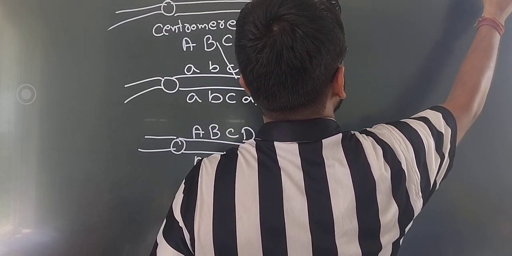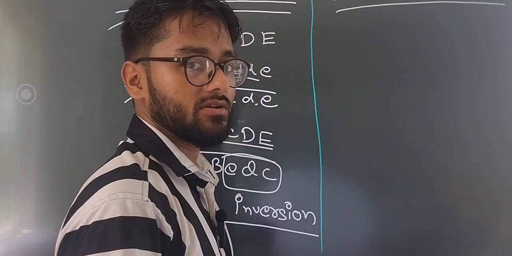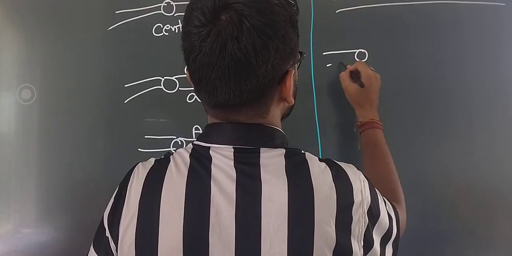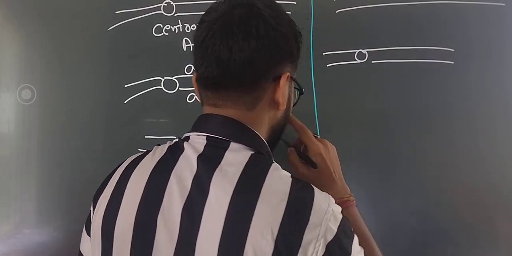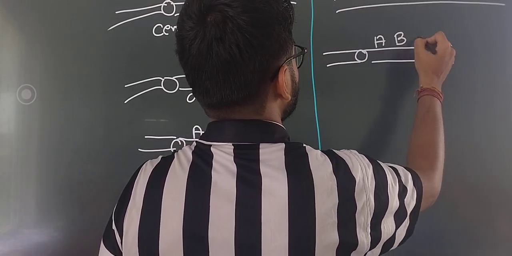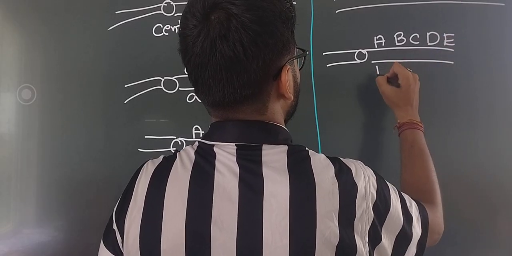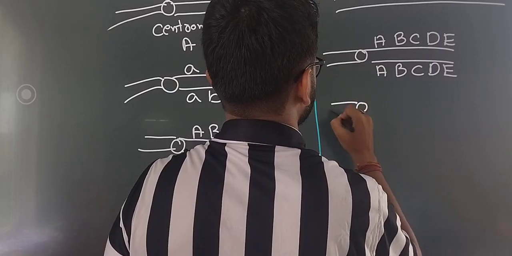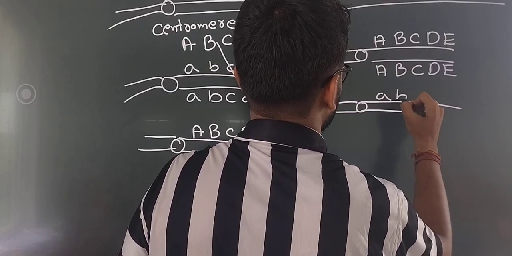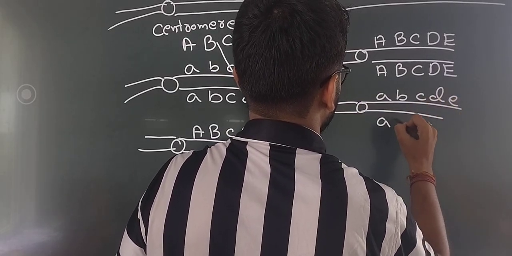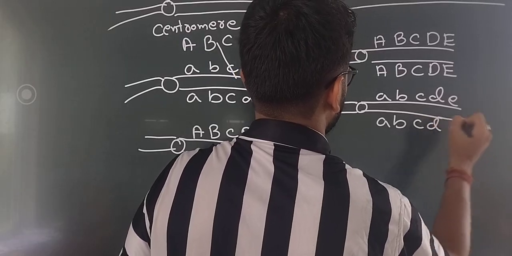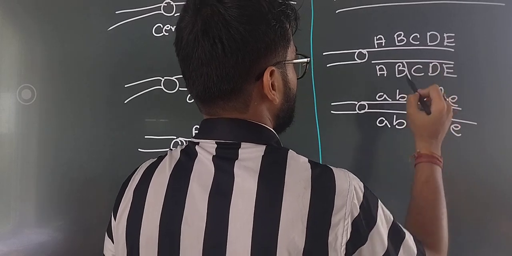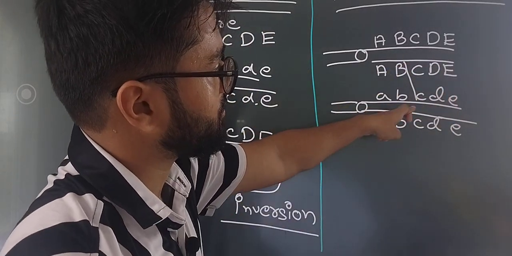What is this translocation? Translocation is also a simple fact wherein you will see that these chromosomes have A, B, C, D, E. Let us take the example of the previous one itself. This is the point of your crossing over.